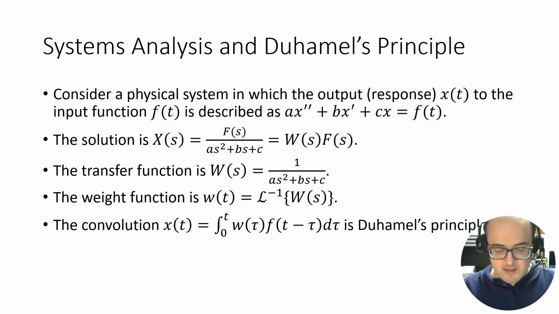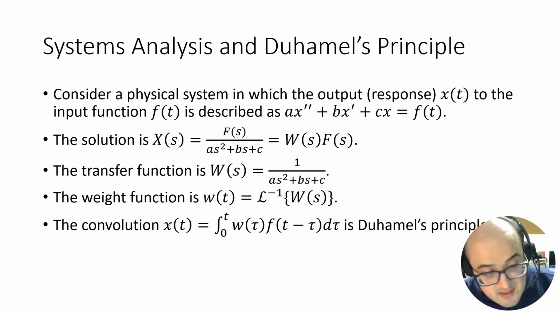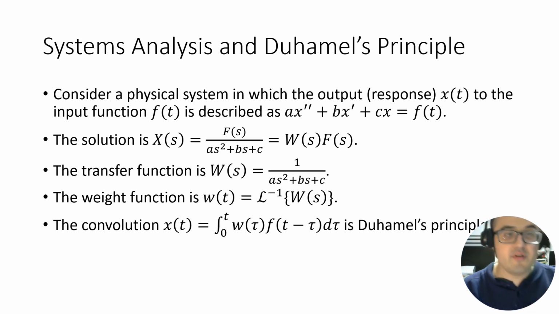So, a couple special parts here. If we consider a physical system in which the output response x of t to the input function f of t is described as a times x double prime plus bx prime plus cx is equal to f of t, the solution, capital X of s, is capital F of s divided by a times s squared plus bs plus c, which is equal to capital W of s times capital F of s.